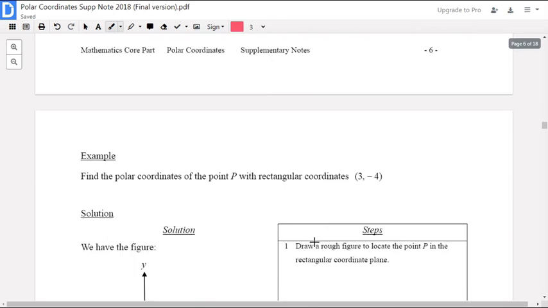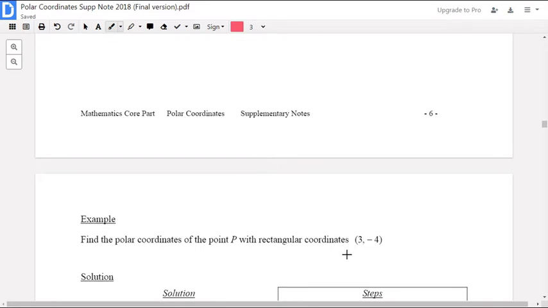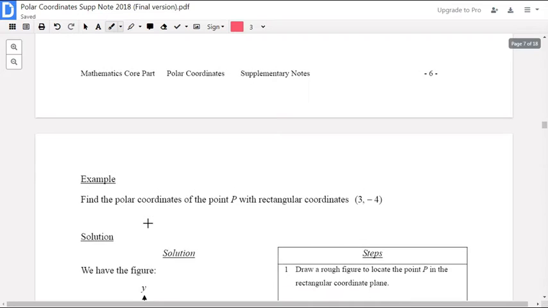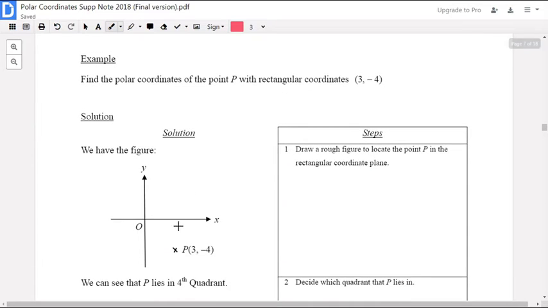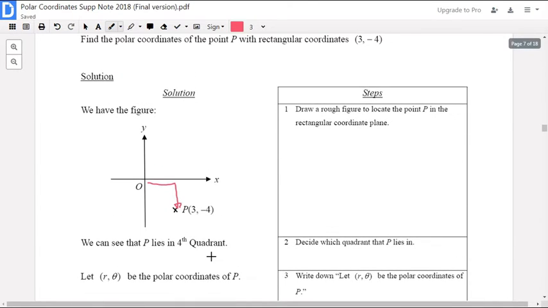Okay, example. I know the point P has rectangular coordinates (3, -4). I want to find its polar coordinates. Okay, draw a rough figure. (3, -4) looks like this, the position of P. So, P lies in the fourth quadrant.